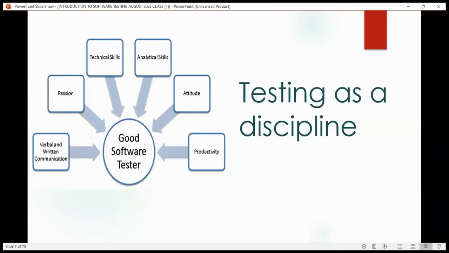I also explained testing as a discipline, where I gave you an example of a good software tester. What are the characteristics? What does it entail to be a good software tester? You must have good verbal and written communication. You must have a passion, the zeal. I enjoy it when I'm doing this.